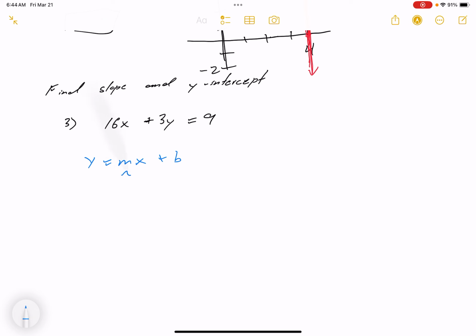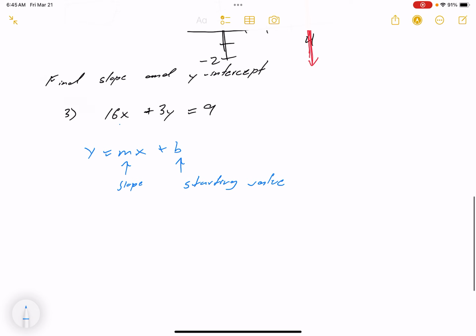So m is going to be your slope. x is just a variable you can plug things into. And b is going to be like your starting value. So we have y equals mx plus b, and we need to turn our equation into this.